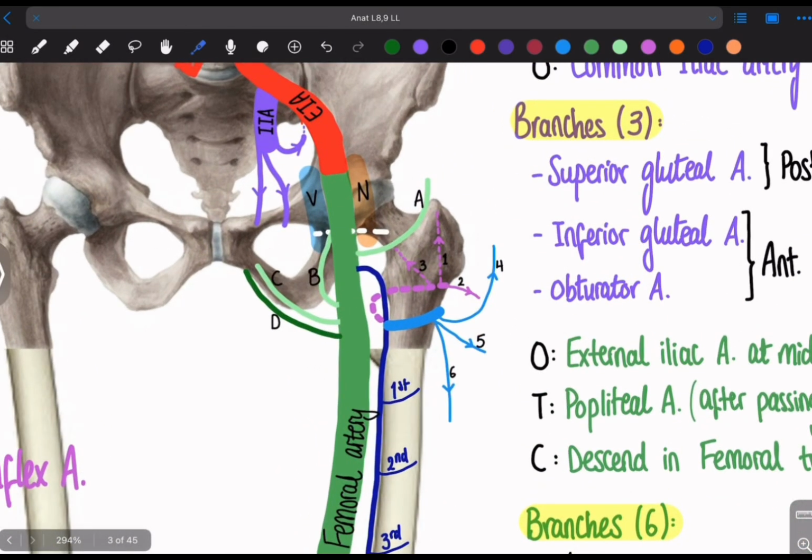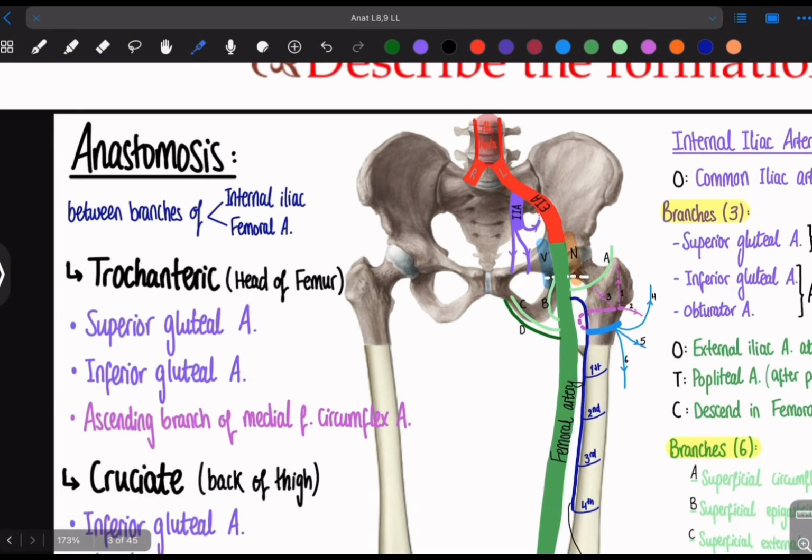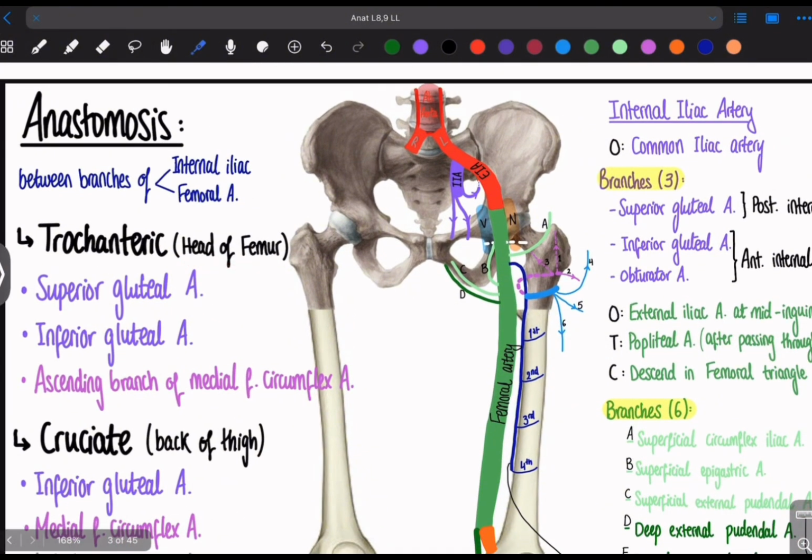Remember here when we said this is the medial femoral circumflex artery, we said it has a transverse branch, anterior branch or ascending branch, and acetabular branch, right? So this ascending branch is going to form the anastomosis for the head of the femur. Okay? So we have superior gluteal, inferior gluteal, and the ascending branch of the medial femoral circumflex artery.